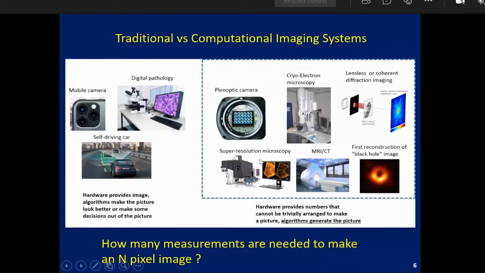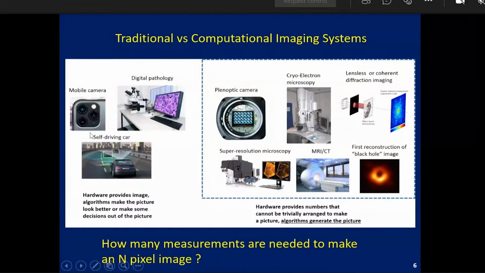Then MRI, CT, and even the Event Horizon Telescope. Do you remember seeing these pictures some years ago? Just two or three years ago, maybe. This picture came up in the press everywhere. It was a reconstruction of a black hole. So these are all actually computational imaging systems. And why do I call them computational? Because in these systems the image is not directly recorded on the sensor behind the lens.